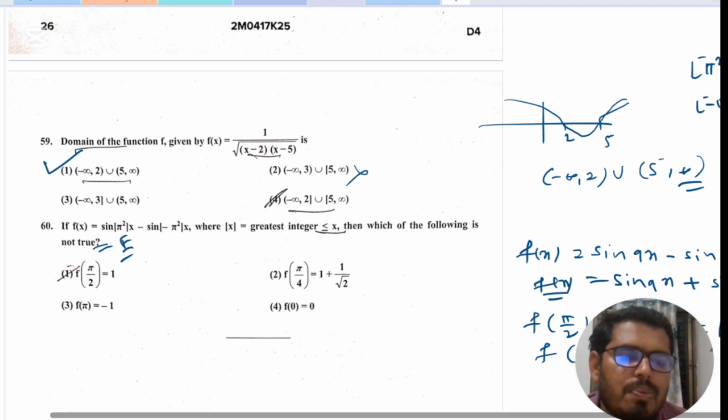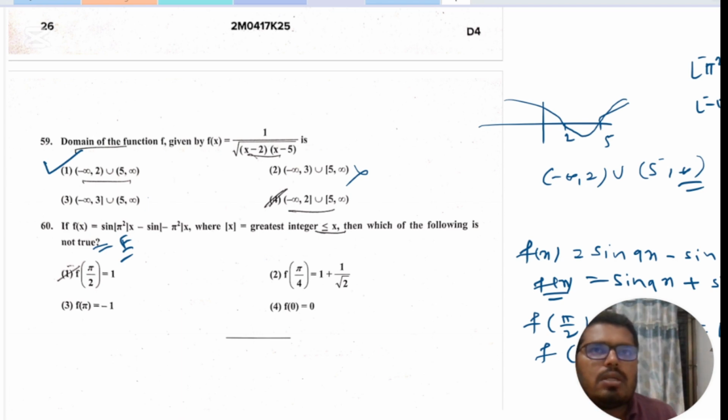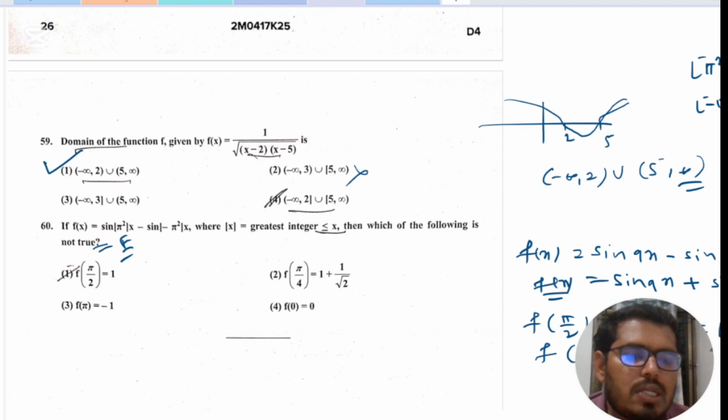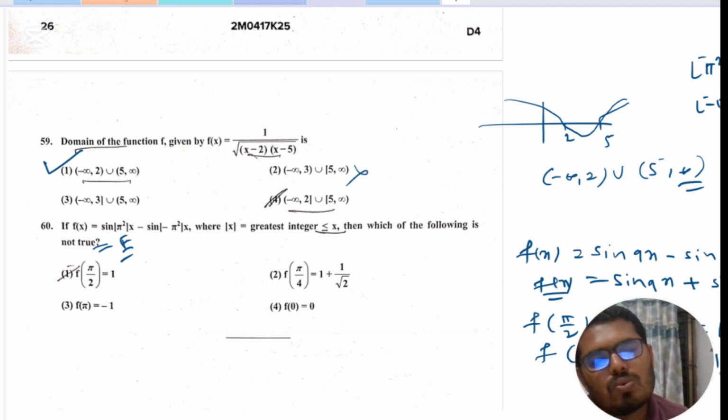Sin of 9 pi by 4 is also equal to sin pi by 4, which is 1 by root 2, plus sin of 10 pi by 4. Sin 10 pi by 4 is sin pi by 2, which is 1. This is also a true statement. The second is also a true statement.